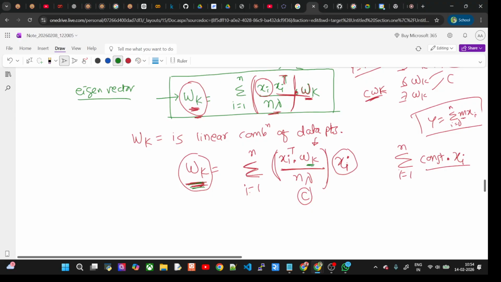Because in PCA we are interested in finding the eigenvector, this wk. But to calculate this wk, you have to use wk, and you cannot calculate wk with this wk because they are both the same.